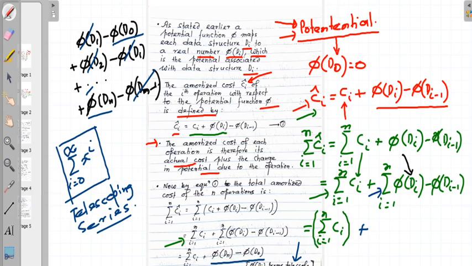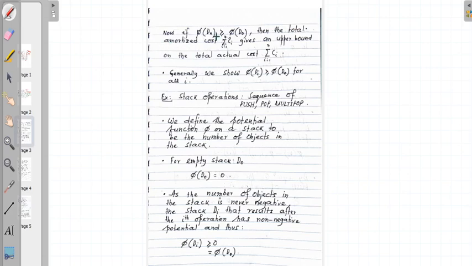Now what we have got is the total amortized cost, which is the total actual cost, the sum over i equals 1 to n of c_i, plus phi of d_n minus phi of d_0.